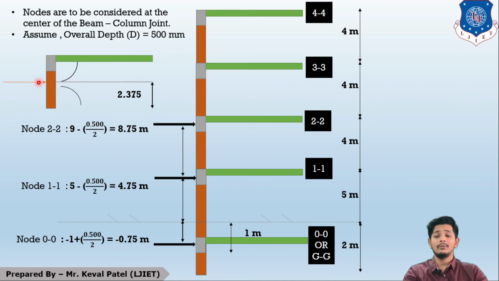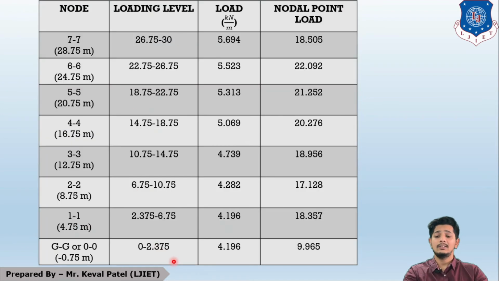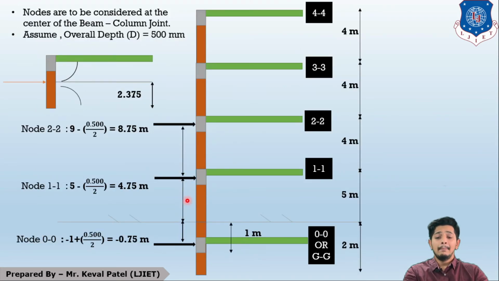So half of 4.75 is 2.375, and the first loading level will be 0 to 2.375. After that, for node 1, the loading level will be distributed below 1 and above 1.